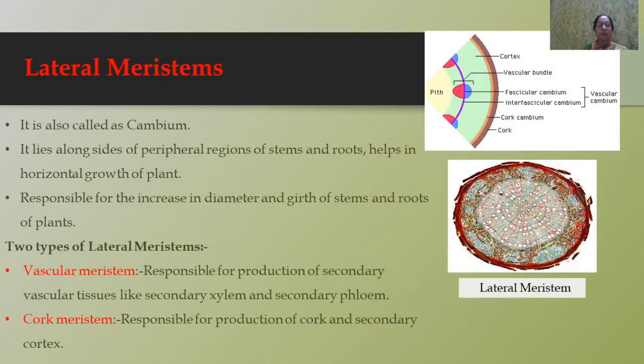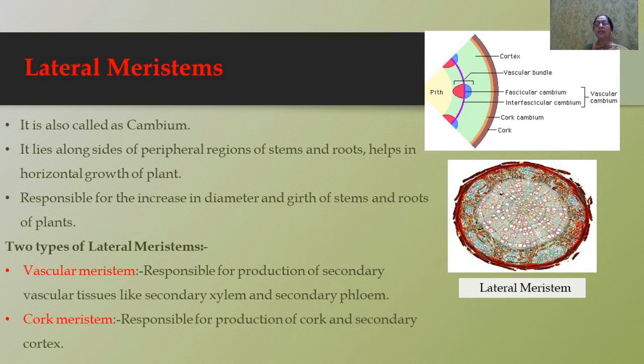Now, regarding the lateral meristem, it is also called the cambium. You all know this word cambium; you have studied the cambium last year. Cambium is totally responsible for the lateral or horizontal growth of the plant body.